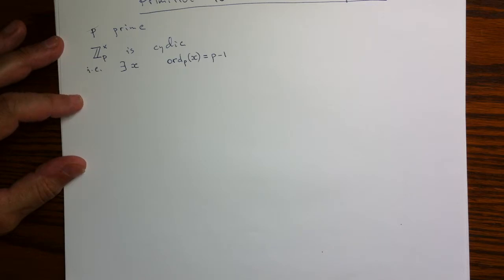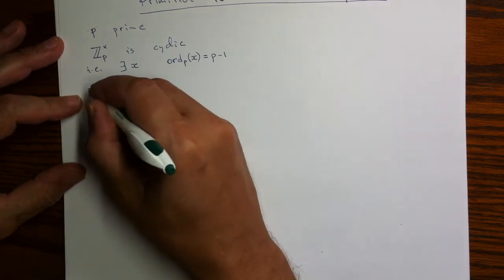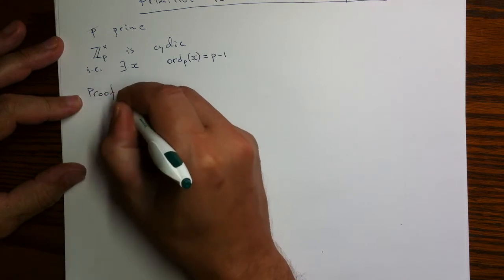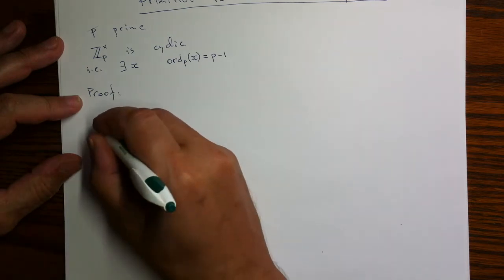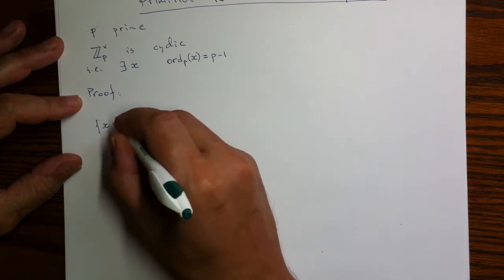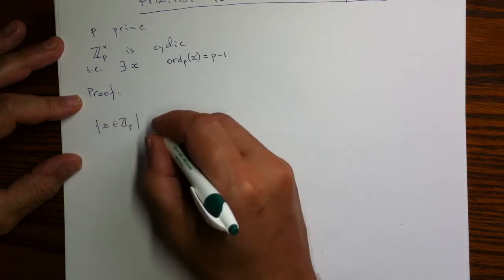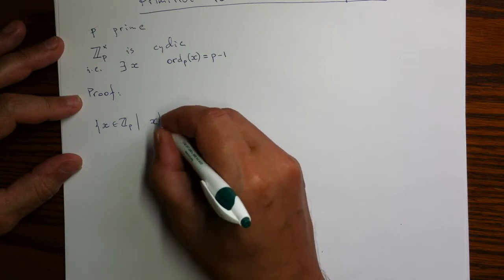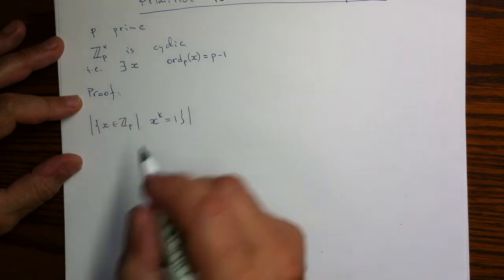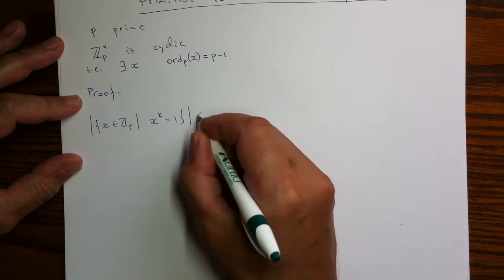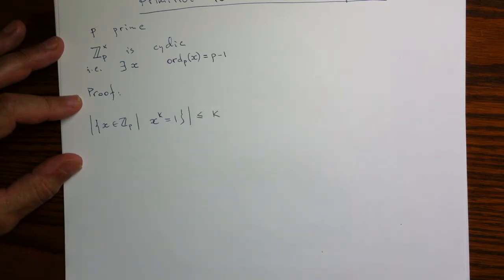and we will use group theory characterization of cyclic groups, which really says that a group is cyclic, or this particular group is cyclic, if when we solve equations of this form, some power equals 1, the number of solutions will be bounded by the degree of the equation.